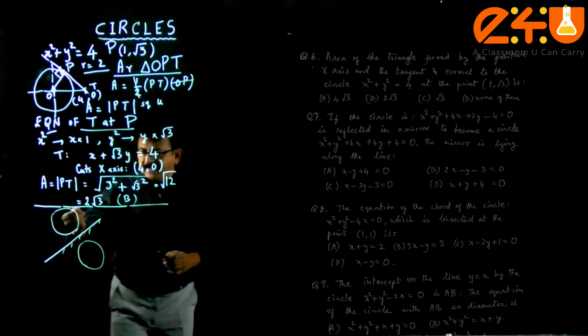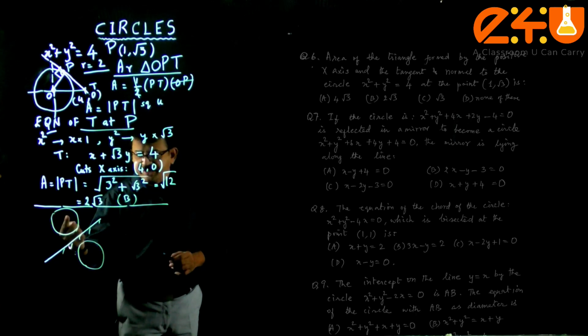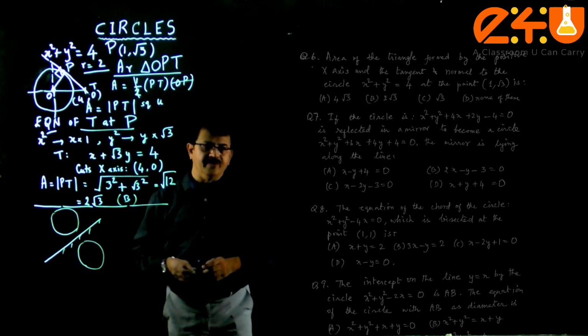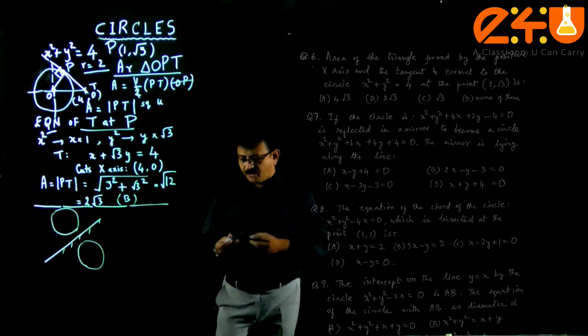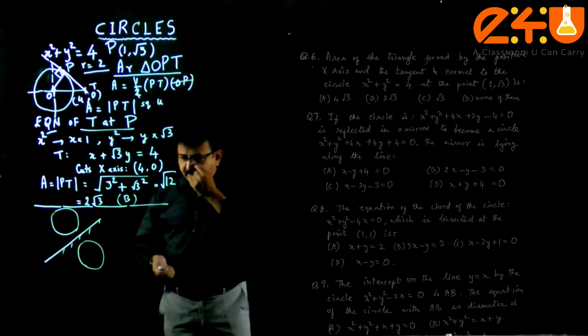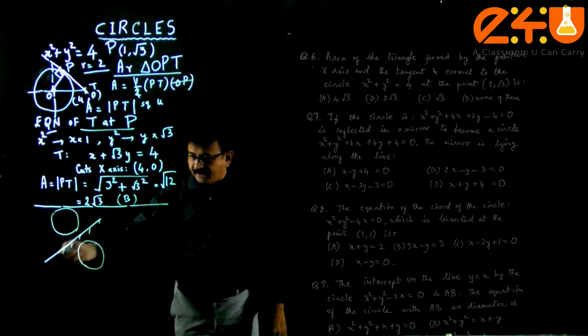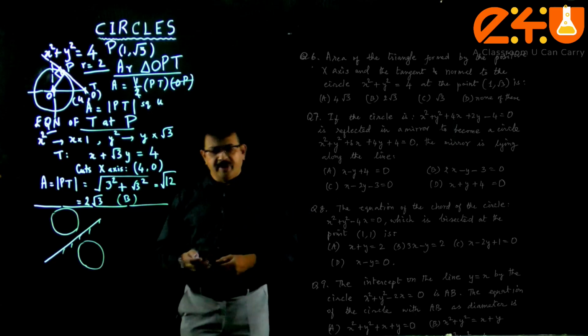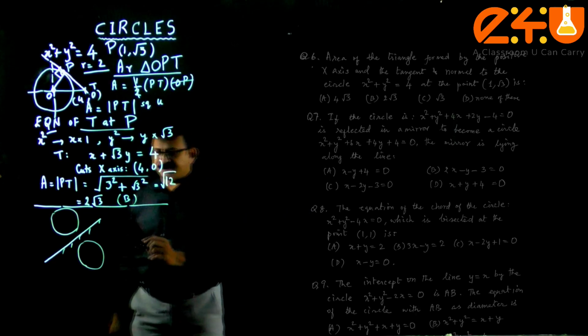The equations of both circles are given: the object circle, and the circle which has become its image. Our interest is to find the straight line that serves as the mirror.